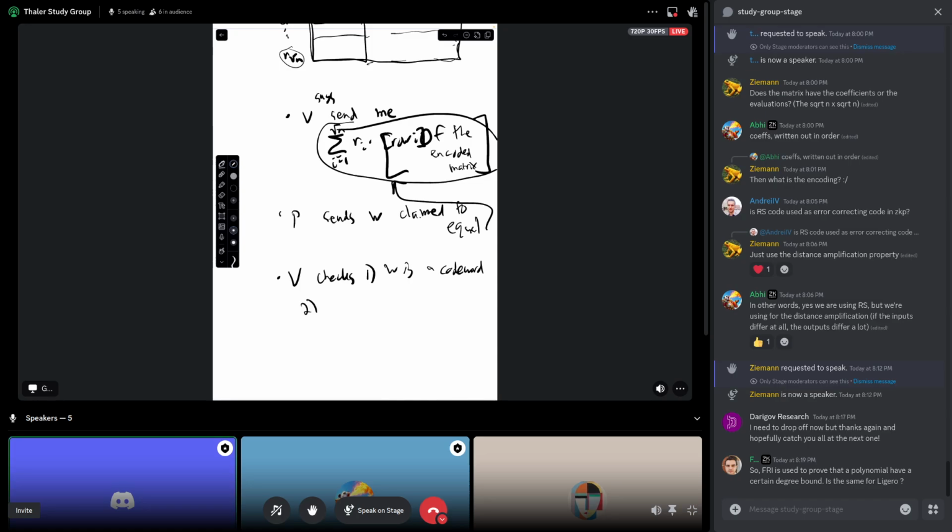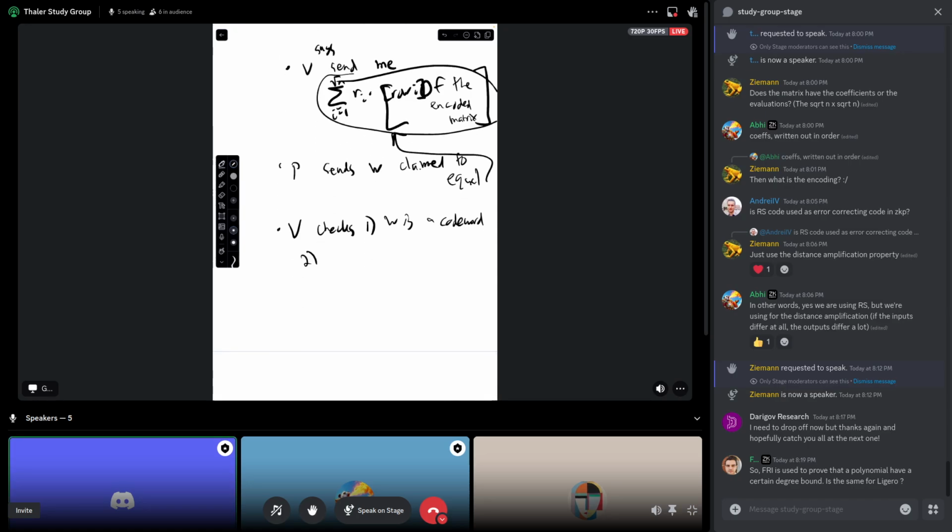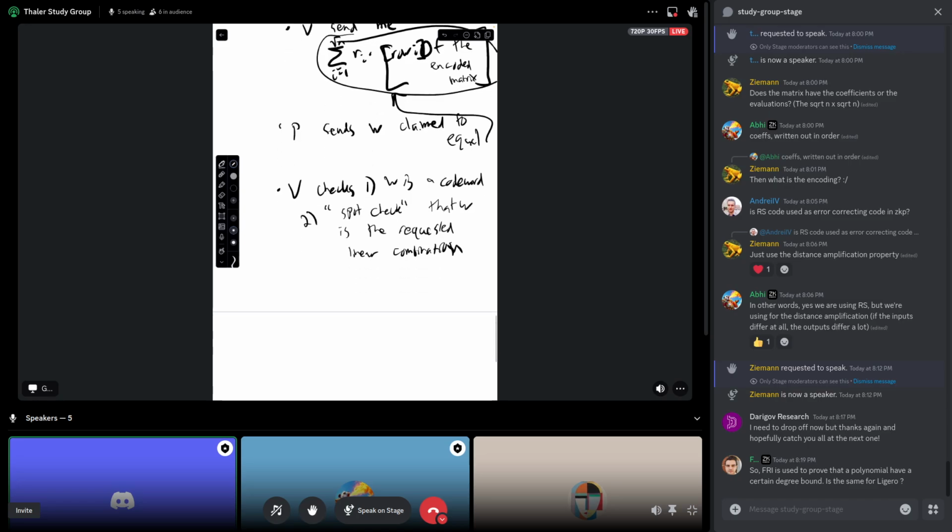And two, it's going to spot check that W indeed is the requested random linear combination of the rows. I'll explain in more detail now what all that means.